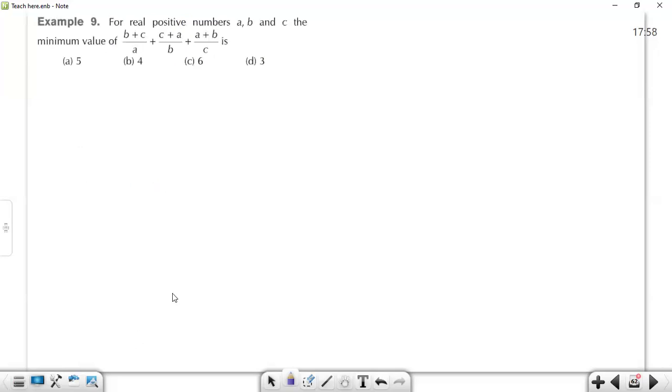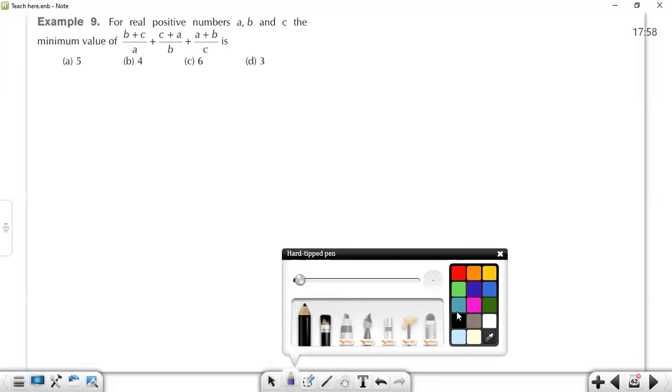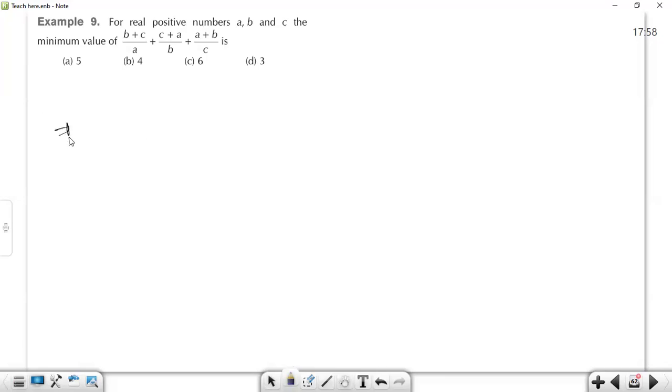Now discussing the next example. Here, there are real positive numbers A, B, C. We have to find out the minimum value of this. So how can we understand it better?